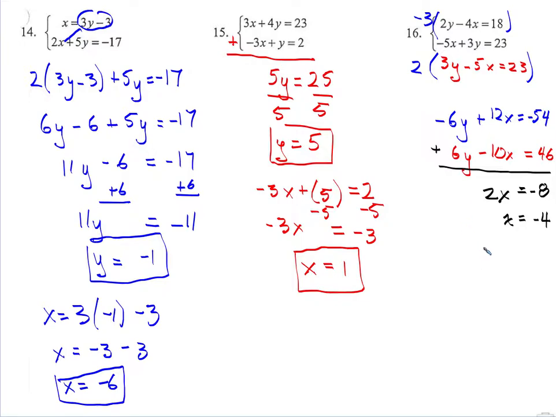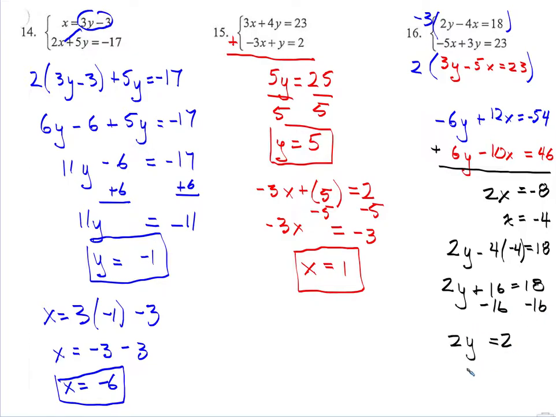And plugging back in, we have 2y minus 4 times that negative 4, plugging in for that negative 4, equals 18 into my first equation. And we have 2y plus 16 is equal to 18. Subtract 16 from both sides. And I have 2y is equal to 2. Therefore, y is equal to what? 1. There it is, 1.